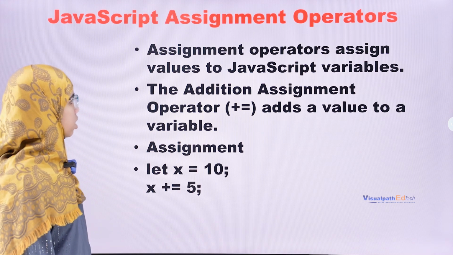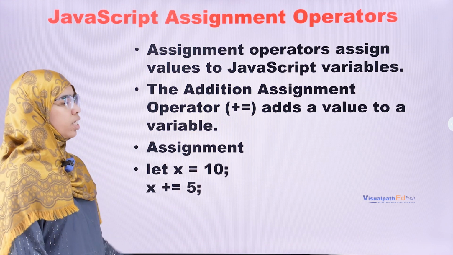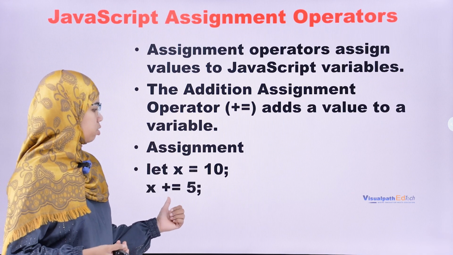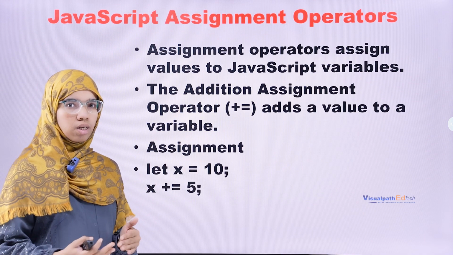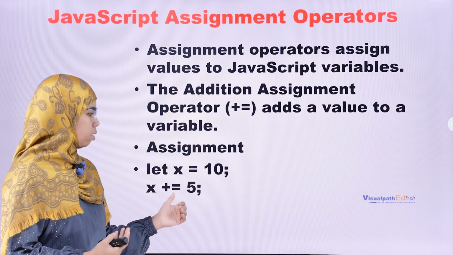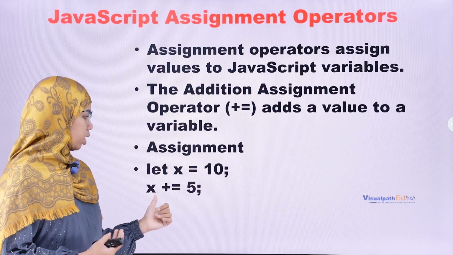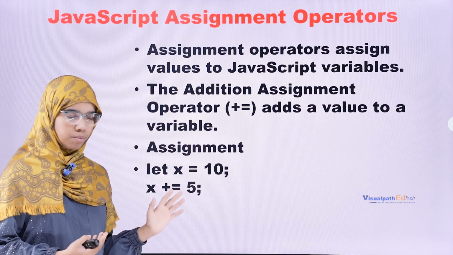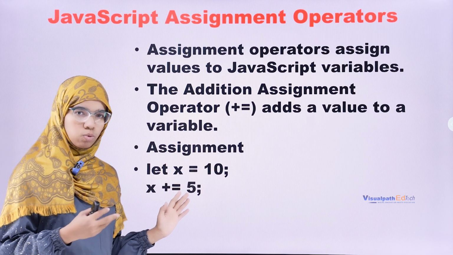Now coming to the assignment operator, as I told you, the equal to sign is used for assigning. Similarly, I can make use of plus equal to, minus equal to, multiplication equal to, division equal to, and so on. That means x plus equal to 5, where the initial value of x is 10. x plus equal to 5 is what?